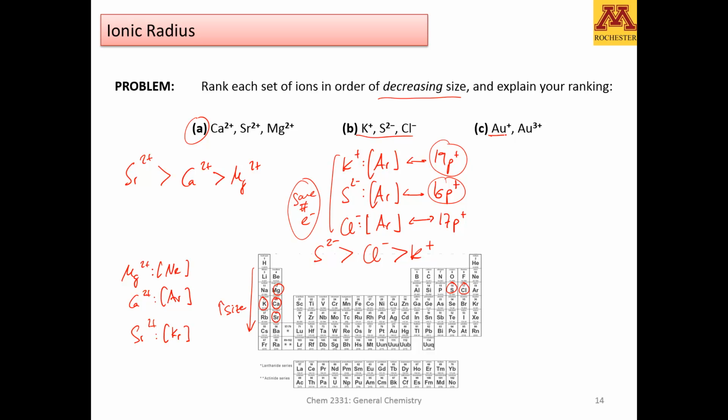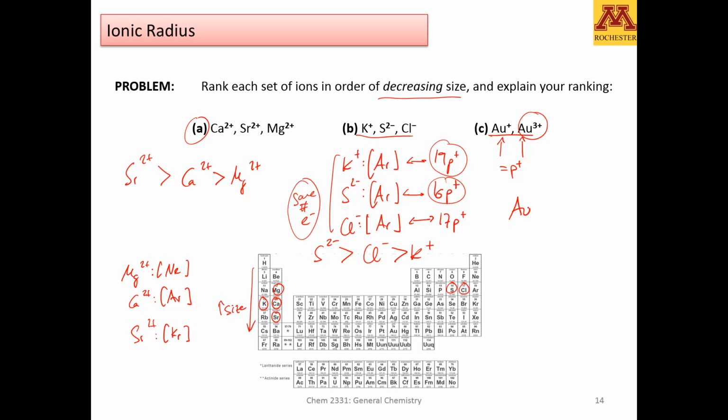In the last example, you have gold plus and gold 3 plus. The difference between gold plus and gold 3 plus is just that we removed electrons. They have the same number of protons, but gold 3 plus has 2 electrons fewer. With 2 fewer electrons, the same number of protons will be able to attract those electrons more closely.